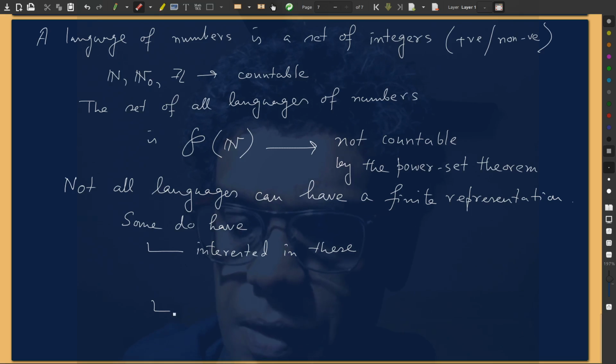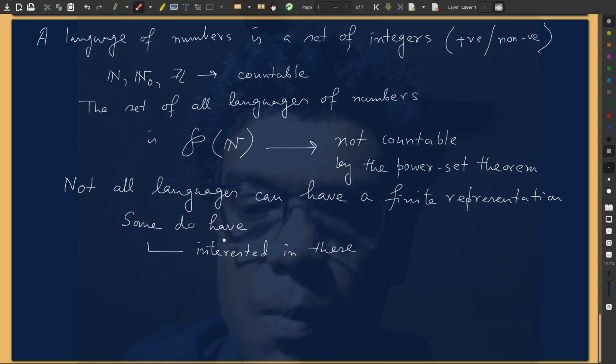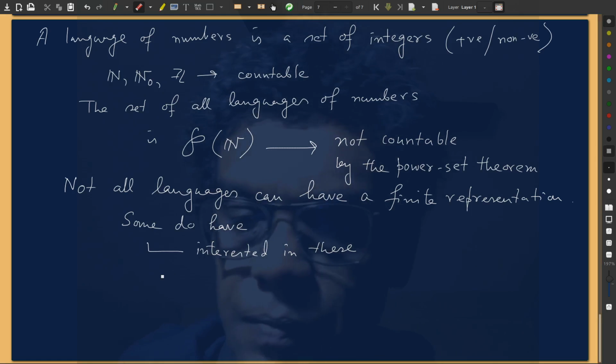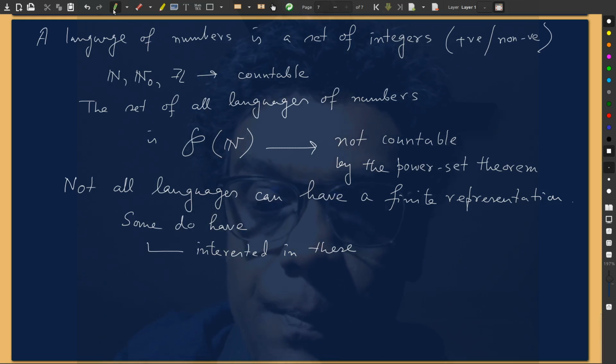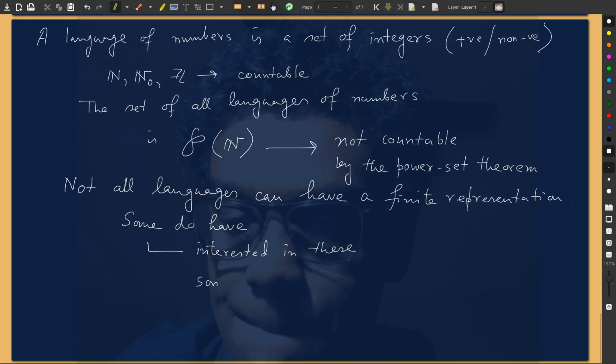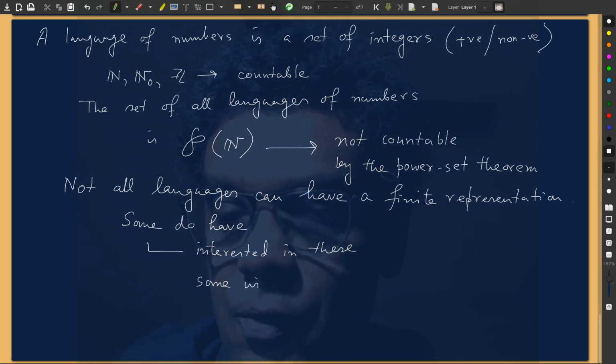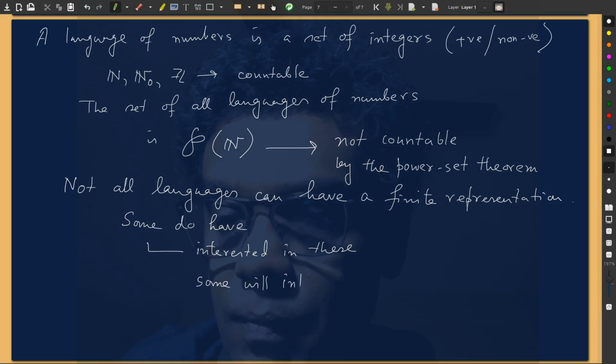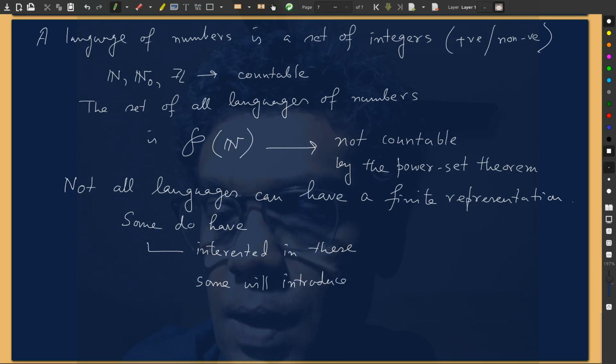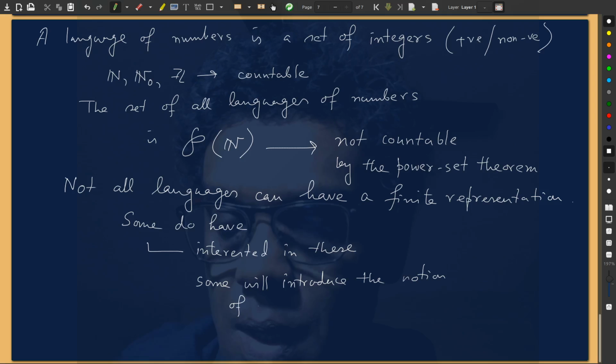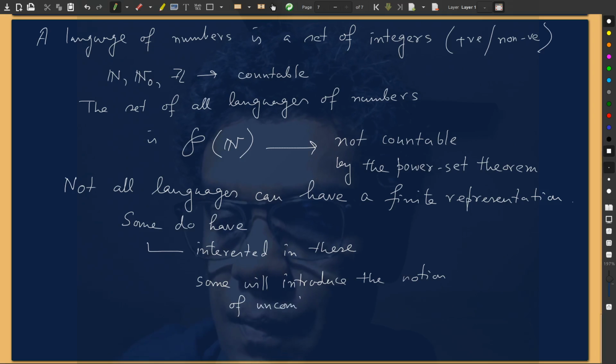And most important thing is this: among these languages, some will introduce the notion of uncomputability.